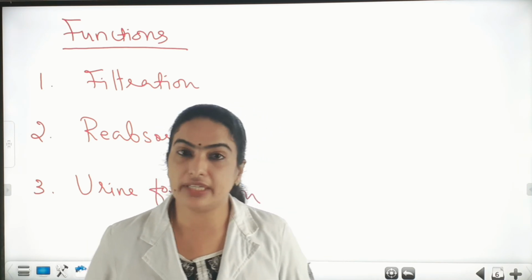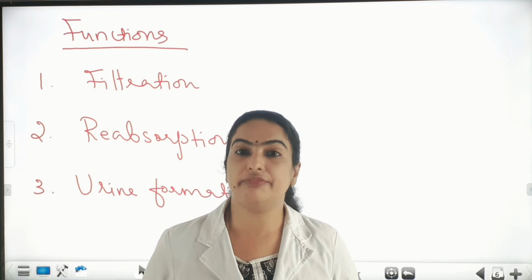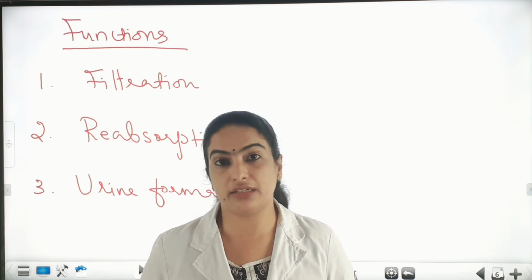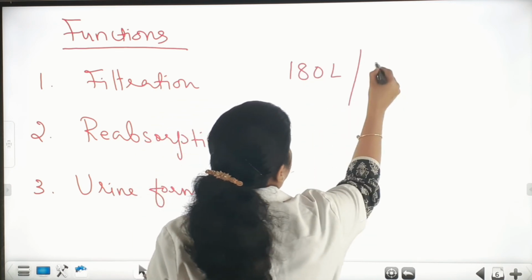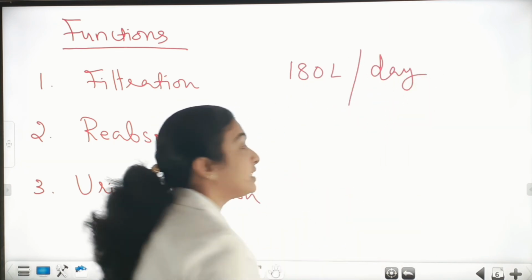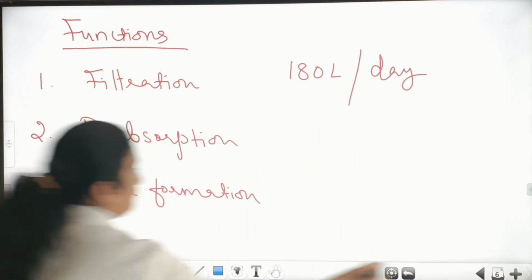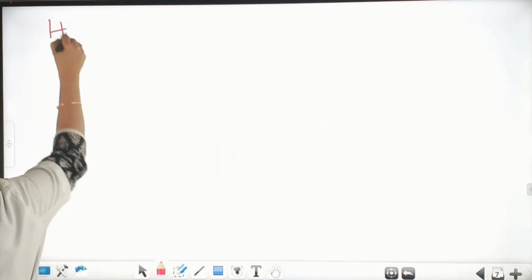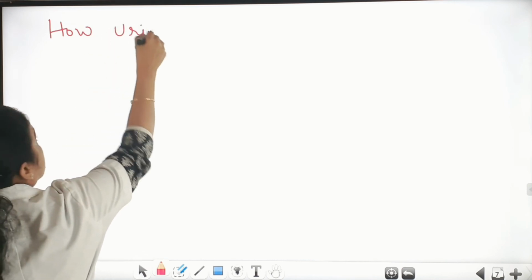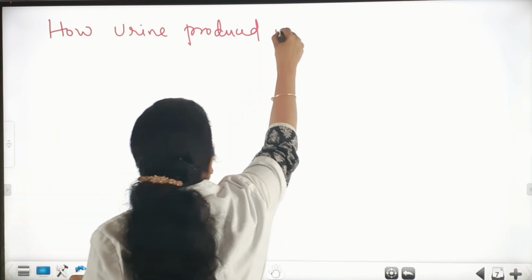Okay. And now we can see the nephron or the kidney can filter 180 liters of blood per day. And another important question: how is the urine produced regulated?